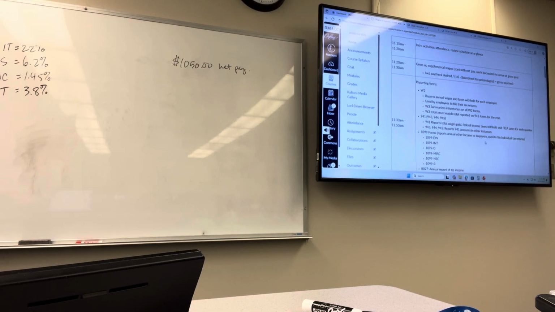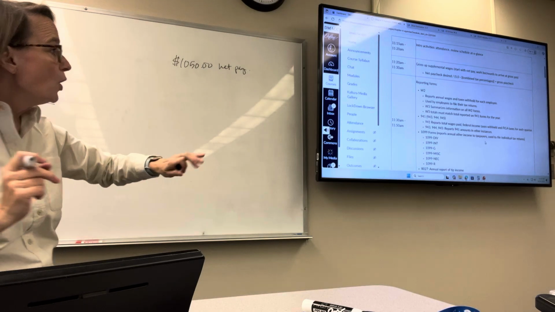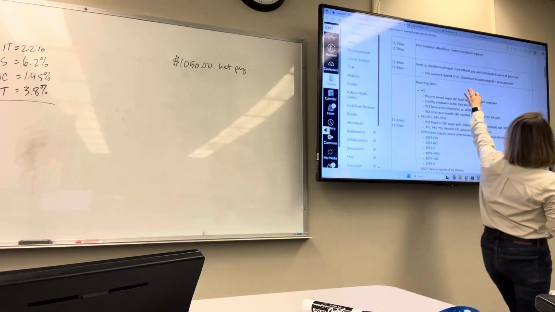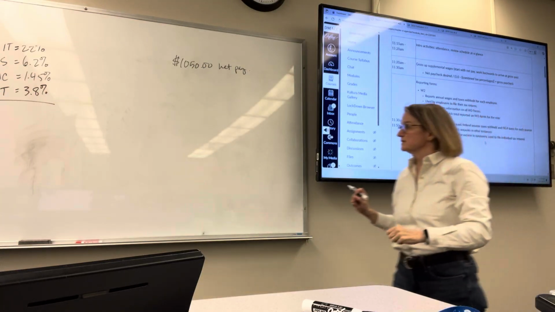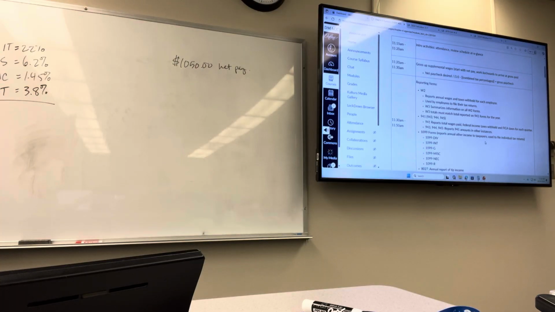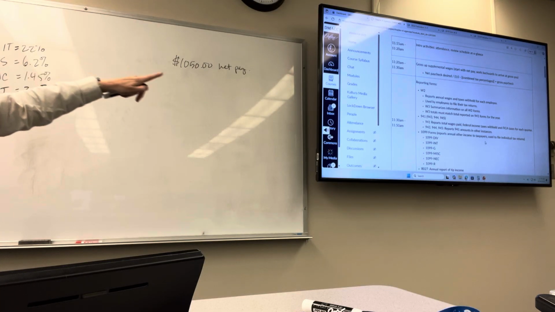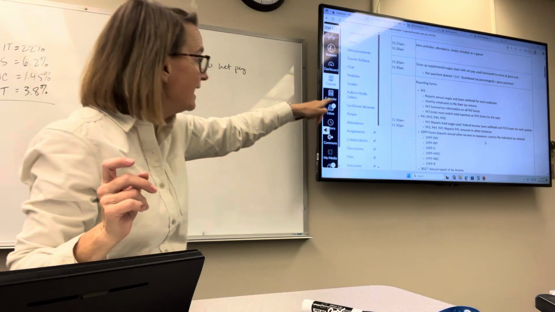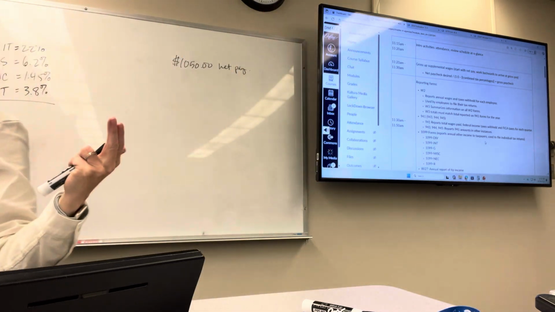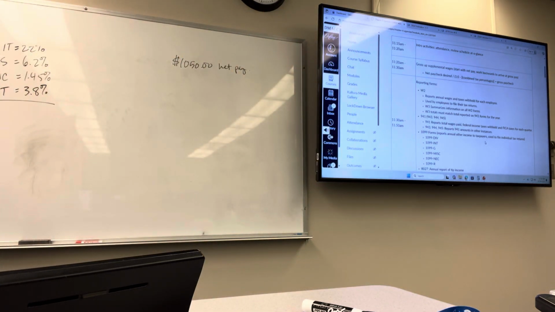So what we need to do is add up all of these tax rates because it's going to factor into our equation. So we need to know what our combined tax percentage is here. Now, I don't have these in decimals, but you're going to want to do it in decimals because what we have up there is 1.0 minus the percentages, and that 1.0 represents 100%. So that is in a decimal format.